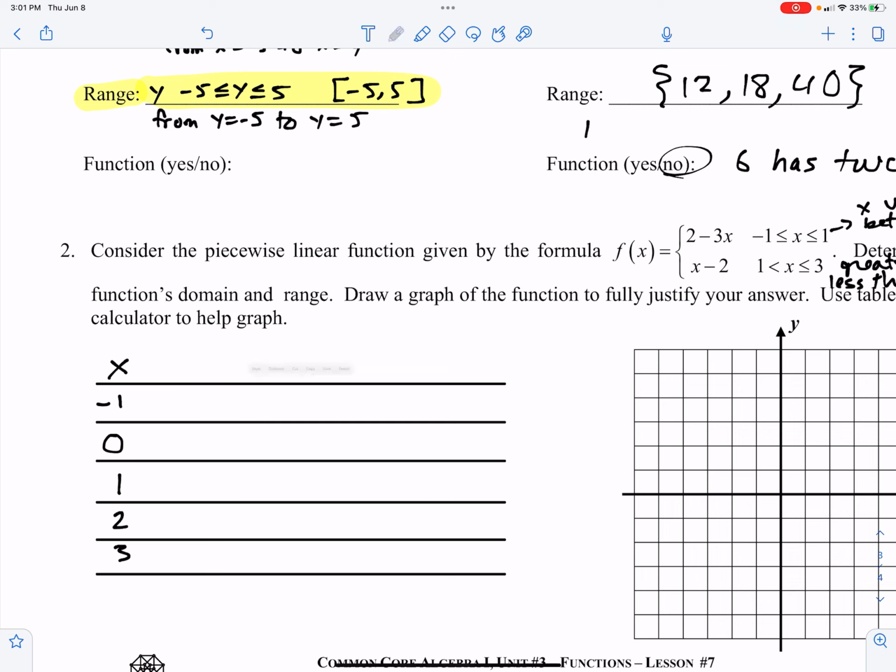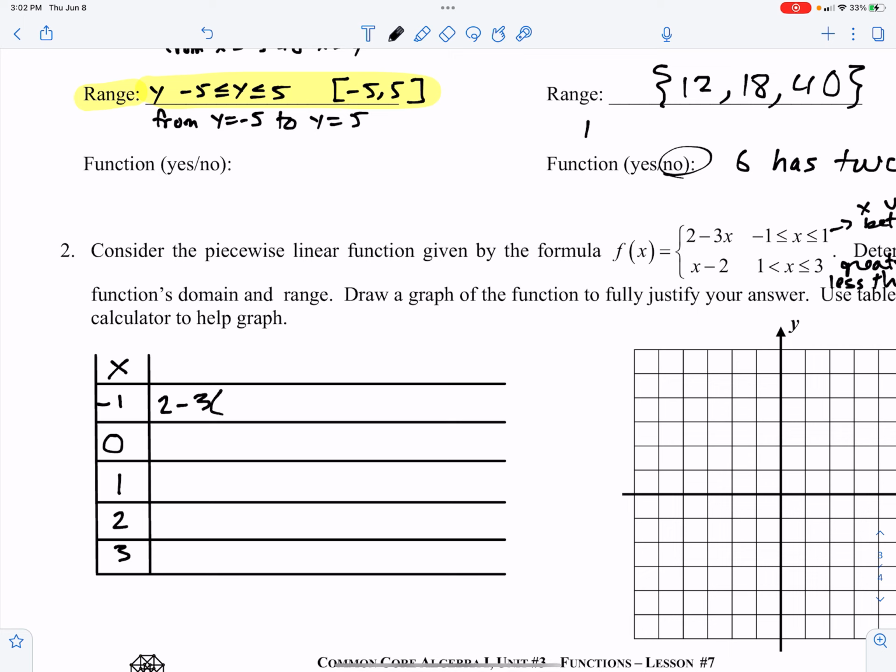So the rule, let me go ahead and fix my chart here. The rule is going to depend on what part of the function it was. So for instance, between negative 1 and 1, including negative 1, I'm going to use 2 minus 3x.